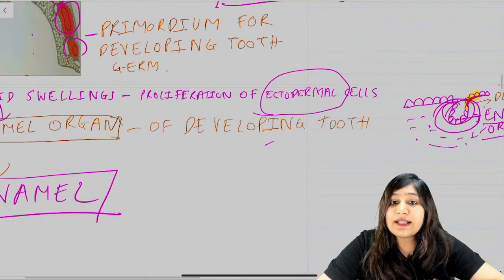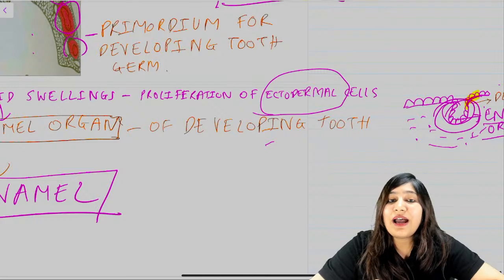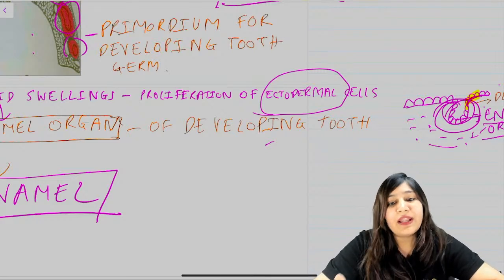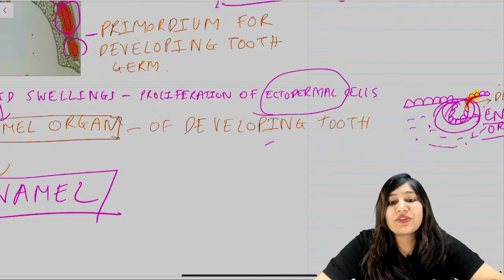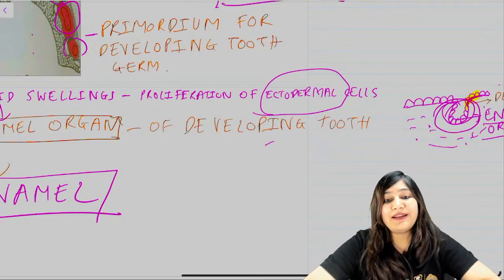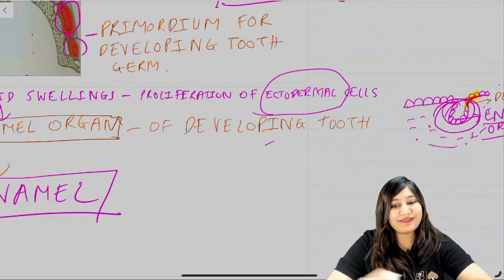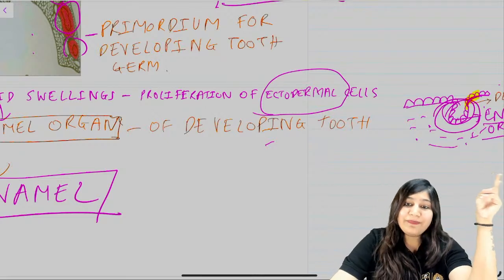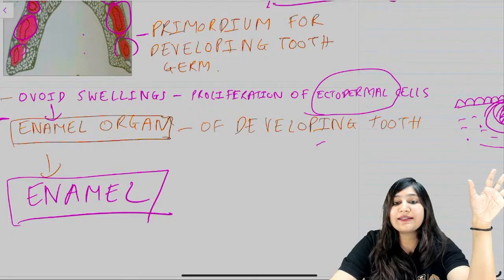A recent INICET question was, all the dental tissues are derived from either ectoderm only, ectoderm and mesoderm, or only mesoderm. So our answer is ectoderm and mesodermal portion, which is our ectomesenchymal portion. So two layers are involved, ectodermal portion and mesodermal portion. So don't get confused in this.